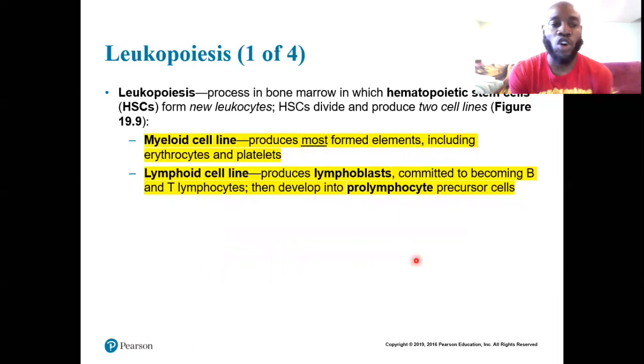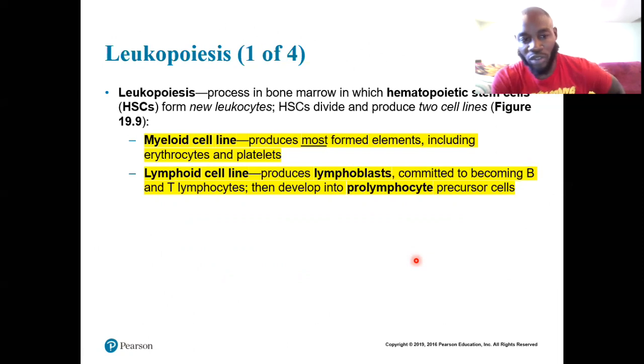All right, let's talk about leukopoiesis. Right, we talked about the formation of new red blood cells. We also need to talk about the formation of new white blood cells, WBCs. So, as I said before with the red blood cells, you don't need to know the entire process of how these cells are formed.